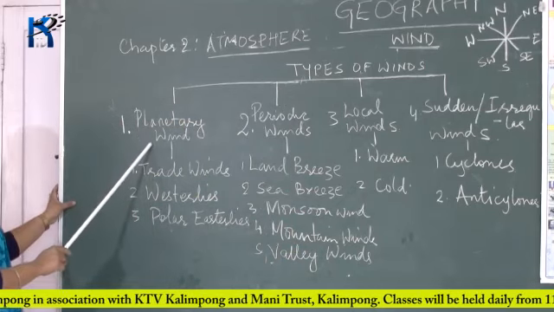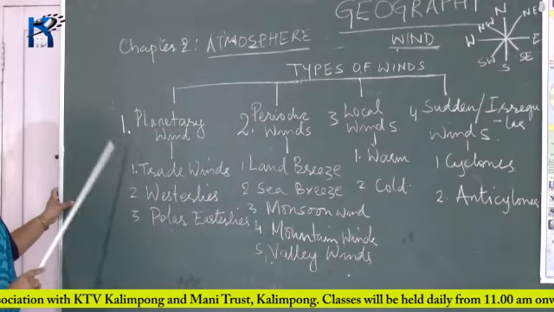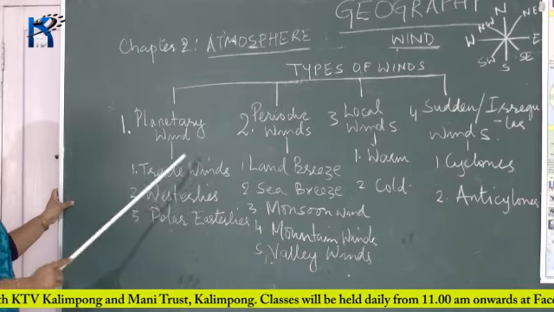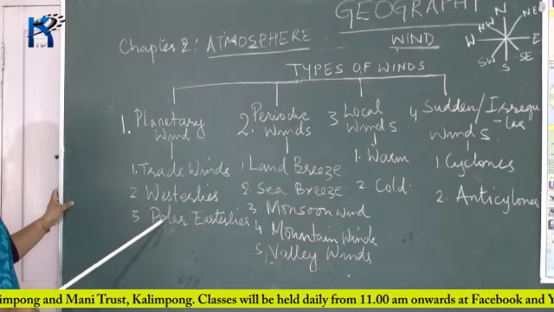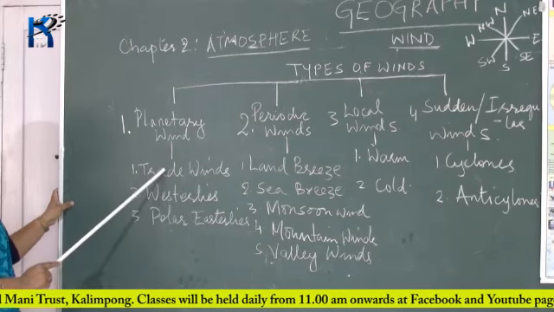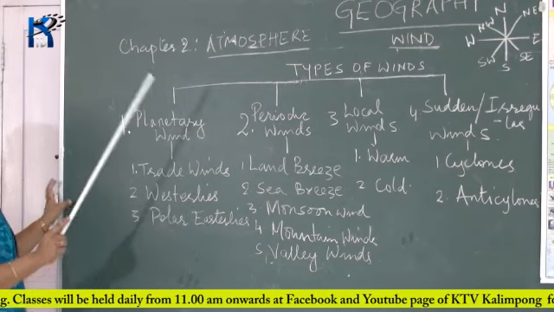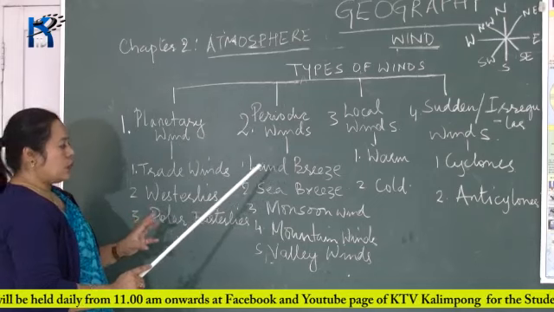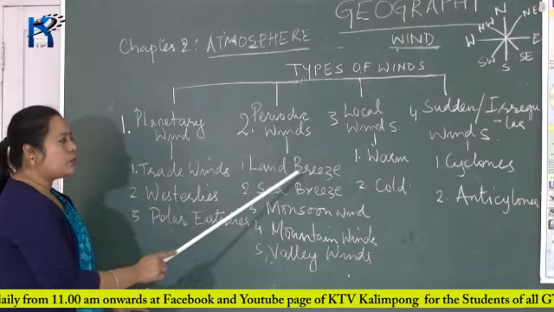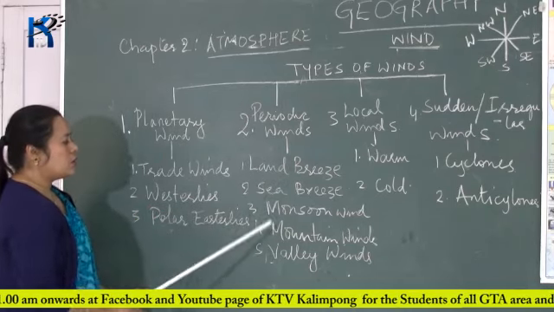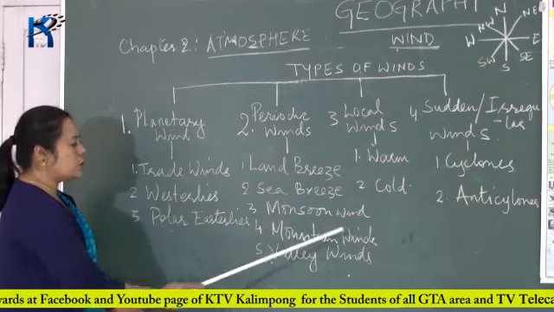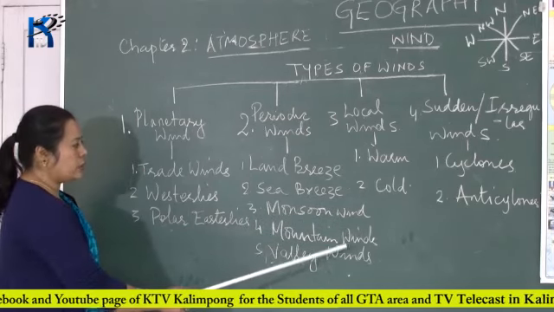These planetary winds are of 3 types: trade winds, westerlies, and polar easterlies. Periodic winds are of 5 types: land breeze, sea breeze, monsoon wind, mountain winds, and valley winds.